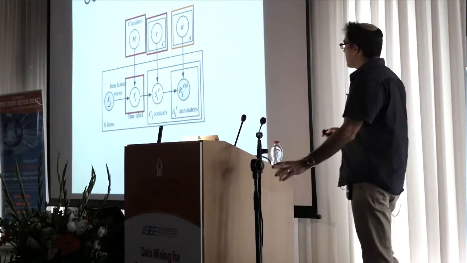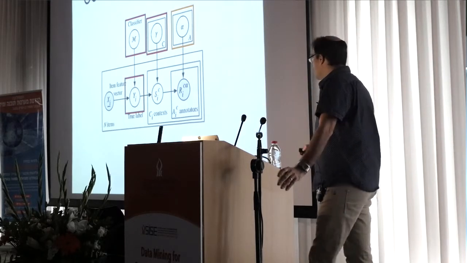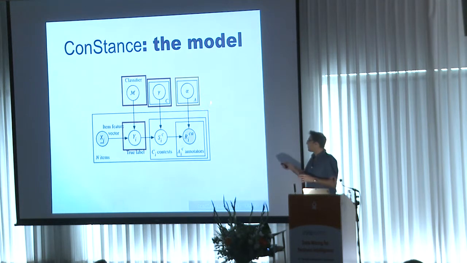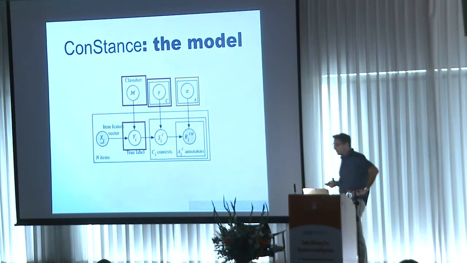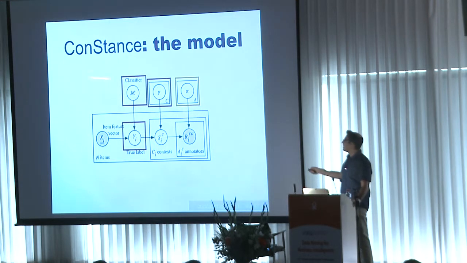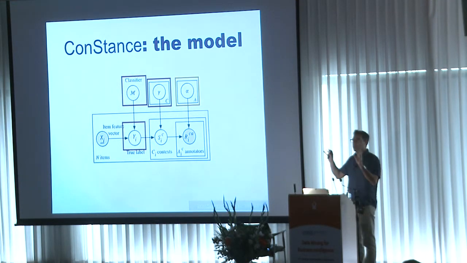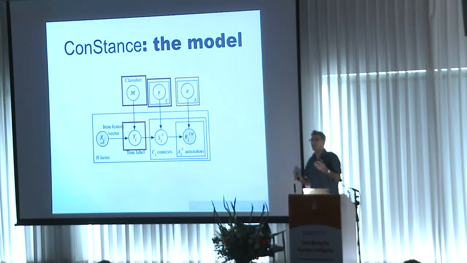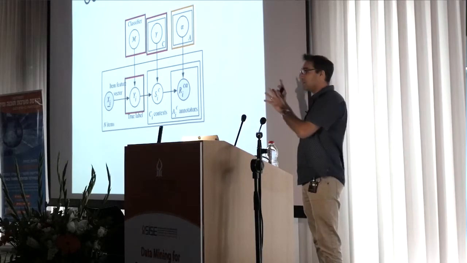But this is the general setting. And here is the model. So what we assume here is that we have these components, which I'm going to go through one by one. But I think the main thing is to understand that we have a classifier, which could be any classifier. It's plug and play. We tried a few. They gave us similar results. And if you have a better classifier, you could just plug it in. It will work.